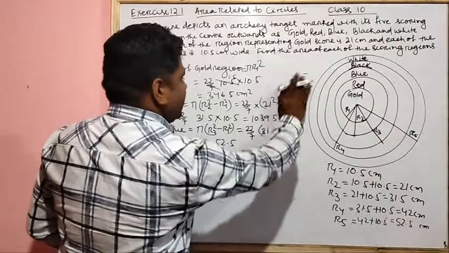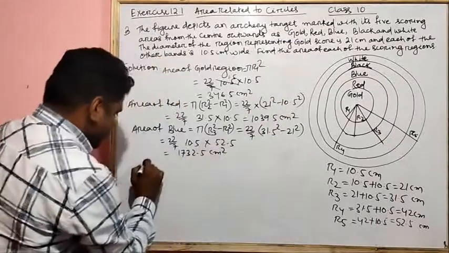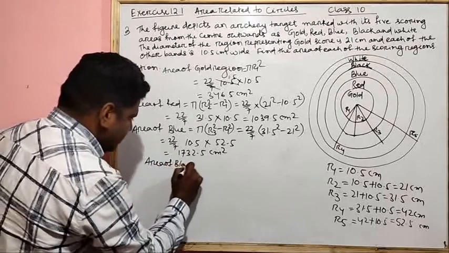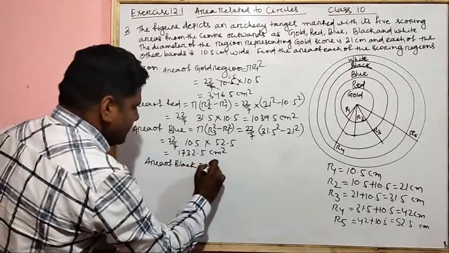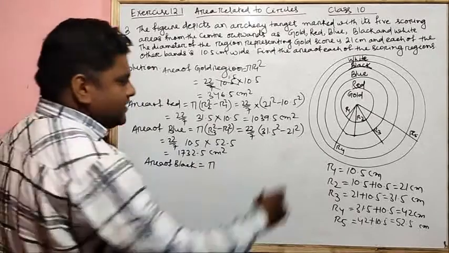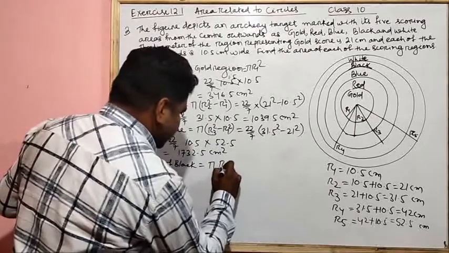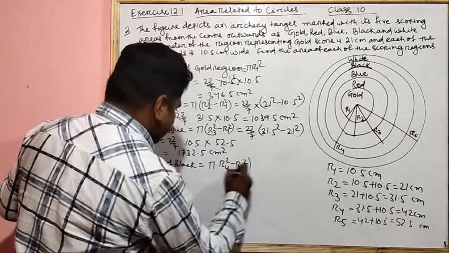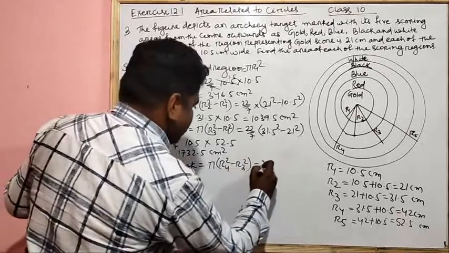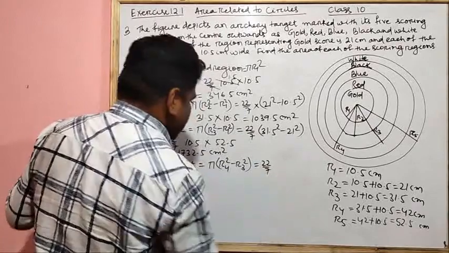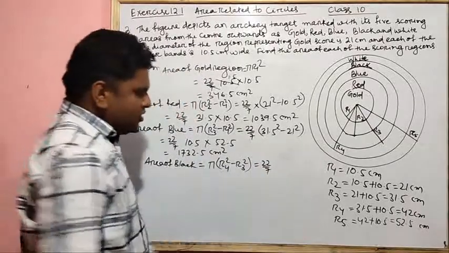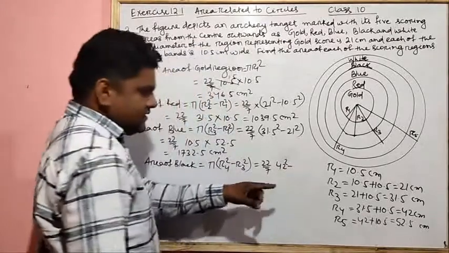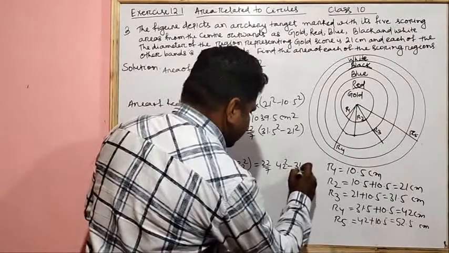Next we have to find the area of the black region. Area of black region will be equal to pi r4 square minus pi r3 square. Taking pi as the common factor, pi into r4 square minus r3 square, where pi equals 22/7, r4 is 42 and r3 is 31.5.